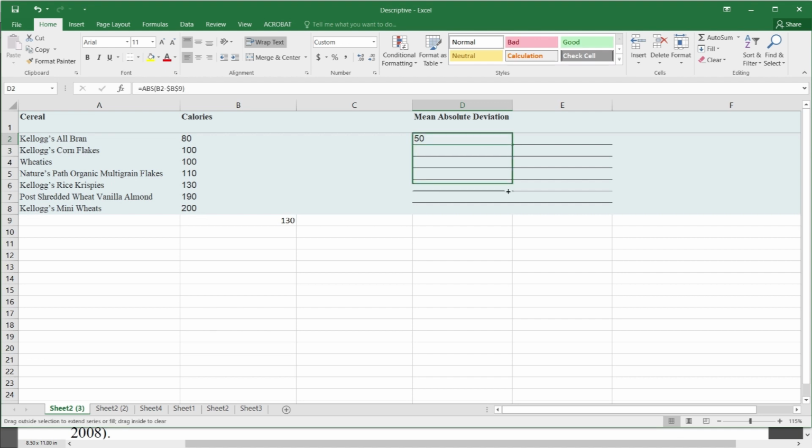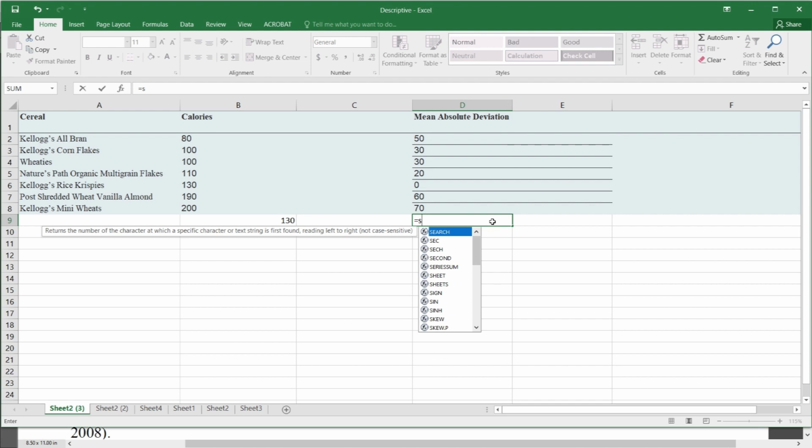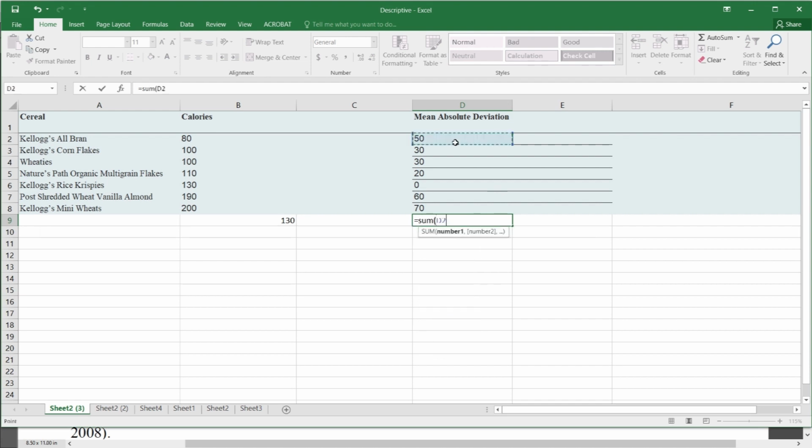We'll compute all these deviations. These will be positive because we are computing absolute values, and then we'll sum them up. This is the summation of all the deviations, and now we need to average it out by dividing it by the number of values in the sample. So we get a value of 37. So this is the mean absolute deviation of the sample.